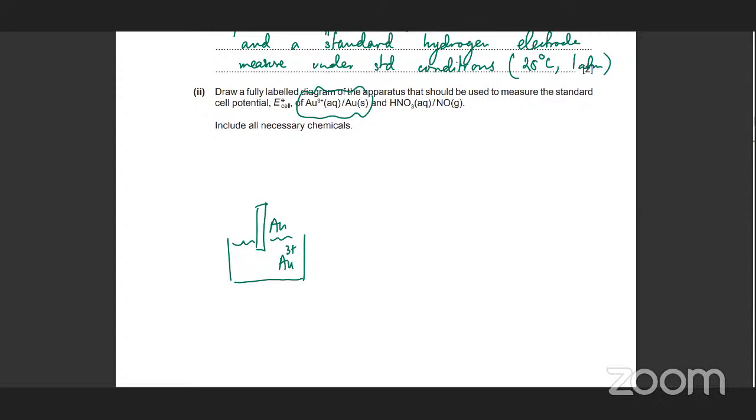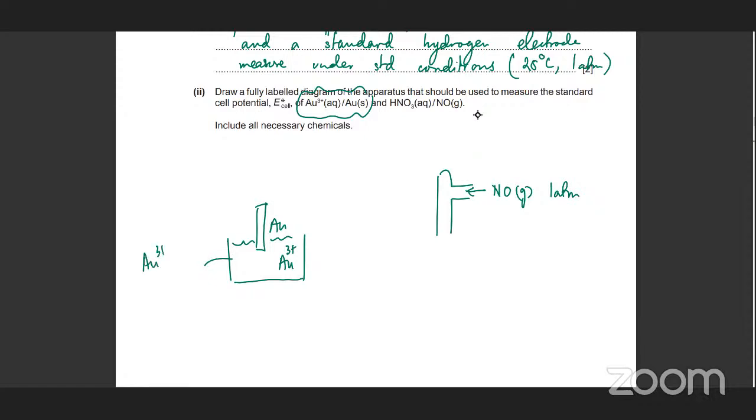The other one, the first thing is we would have to figure this out. Although everything is given, it's a gas. If it involves a gas, then there's going to be a gas jar. And the NO gas is going to be at a pressure of 1 atmosphere. Remember to write down the concentration.